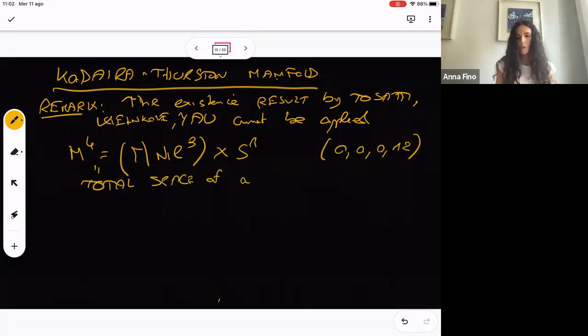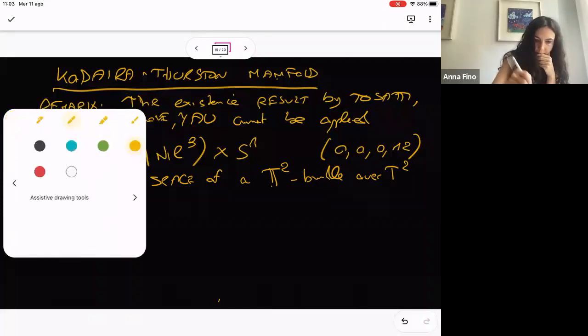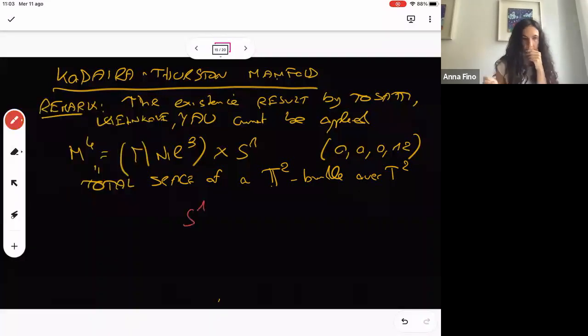To distinguish, I will denote by T2 in line the fiber, and I will use T2 for the base. So it is a T2 bundle over T2, and the way is just the following. Maybe use some color here. Yes, we have S1 here.